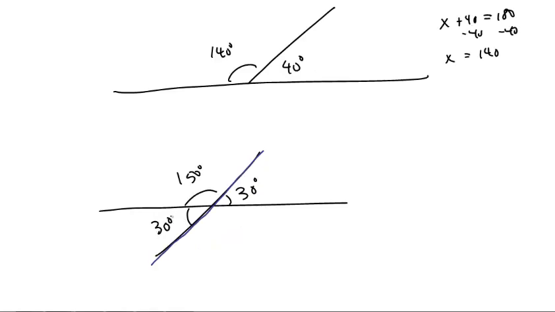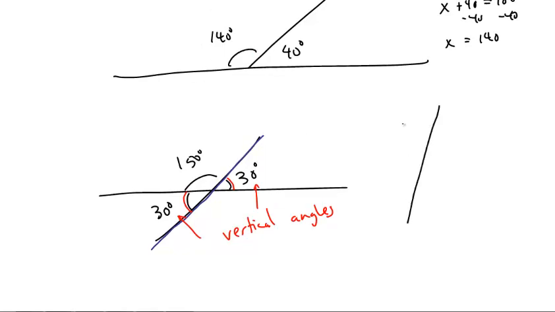So this is 30 degrees, which tells you that these two angles are the same. And that always happens. These are called vertical angles. And vertical angles are always congruent.